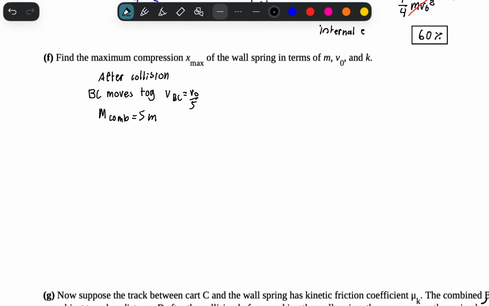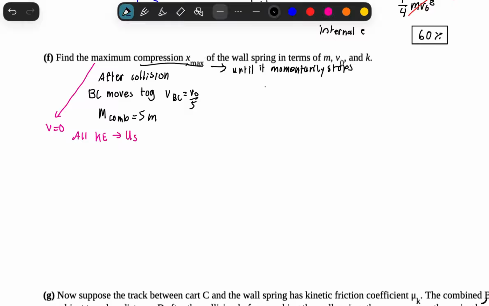And we know that it's going to compress the spring until it momentarily stops. So then when you're at your maximum compression, you're going to have that v is equal to 0. So all your kinetic energy becomes your spring potential energy.